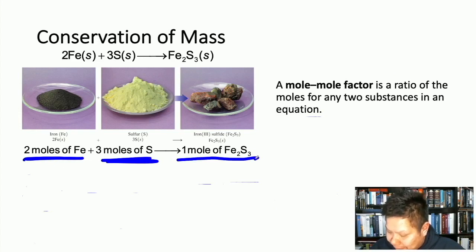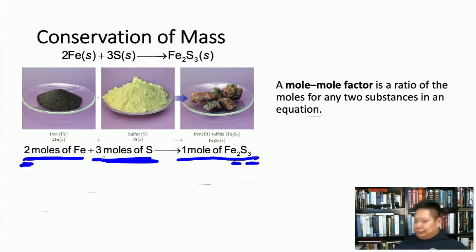Because that's the formula with the subscripts there. 2 irons, 3 sulfurs. 2 moles of iron, 3 moles of sulfur. So there's also always a conservation of mass. You never lose any mass.